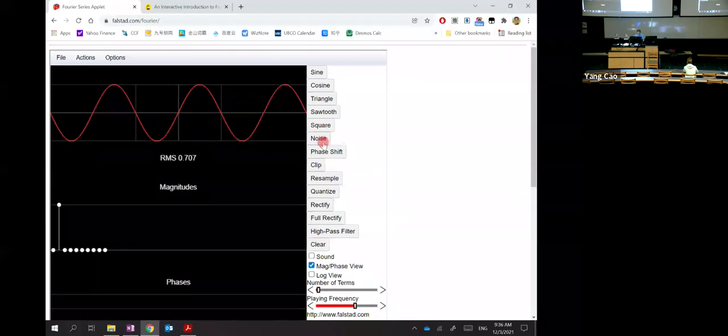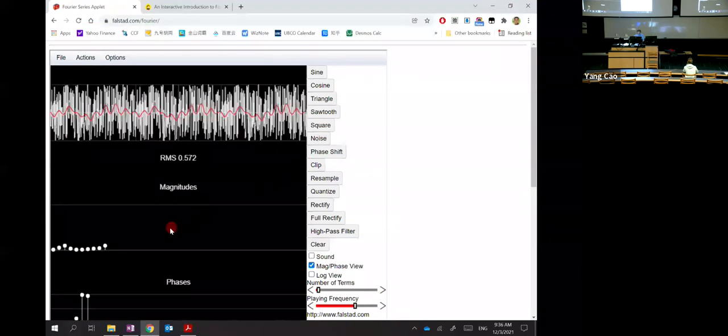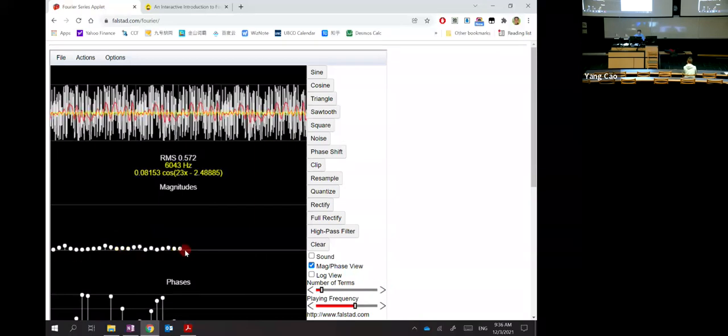And of course, if you click on the general noise, there are so many frequencies. As you can clearly see, it doesn't matter how many terms you give, you have an infinite number of terms. That's because noise consists of the whole frequency spectrum from 0 to infinity, right? That's the idea.